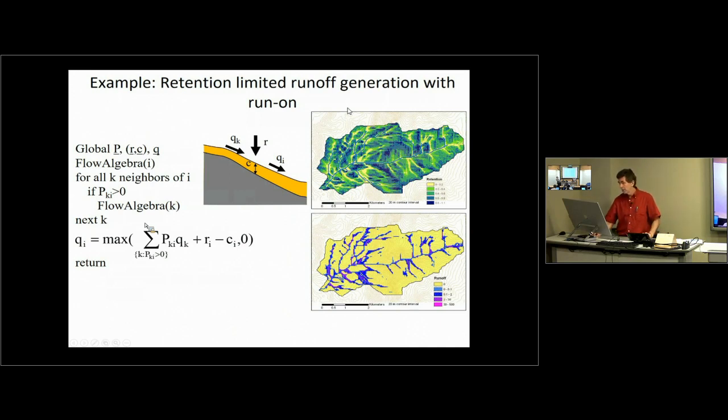So you can have retention limited runoff generation that can then run on to the downslope grid cells and perhaps be retained. That's something that we were unable to implement just using the run-of-the-mill weighted flow accumulation functions that you get in a GIS, but by coding this in this flow algebra framework, you can do these things.